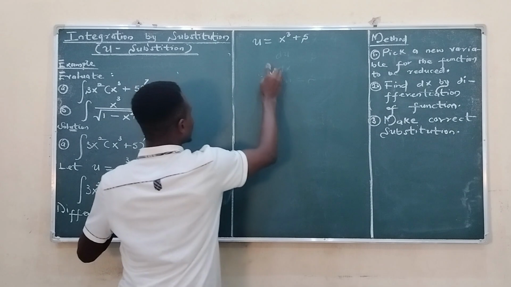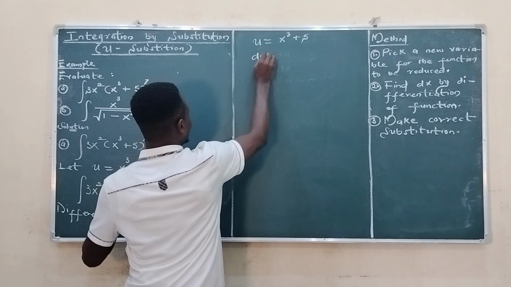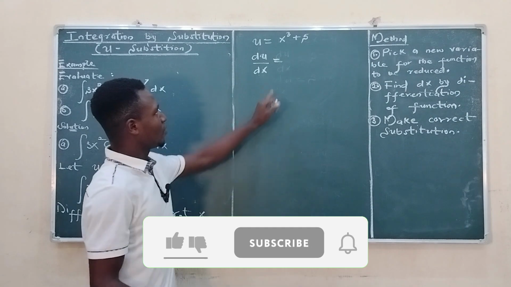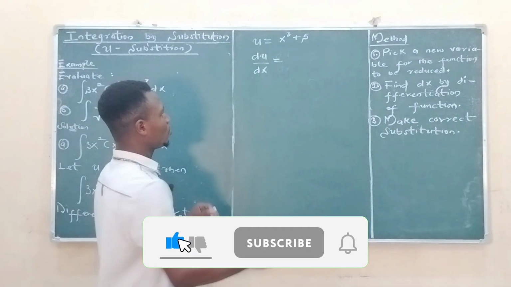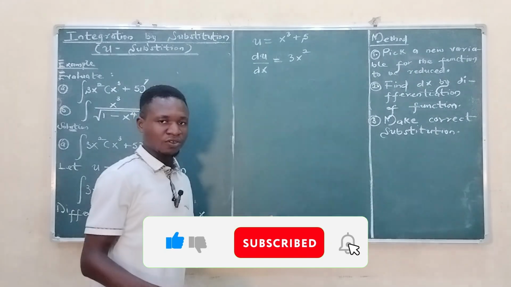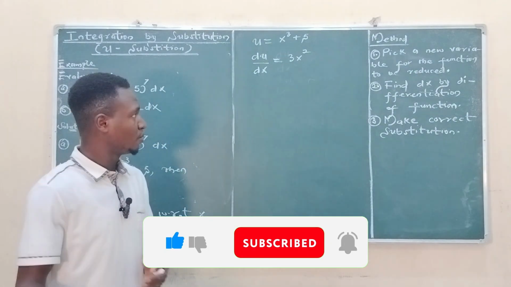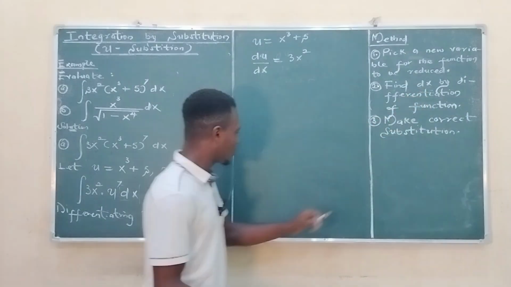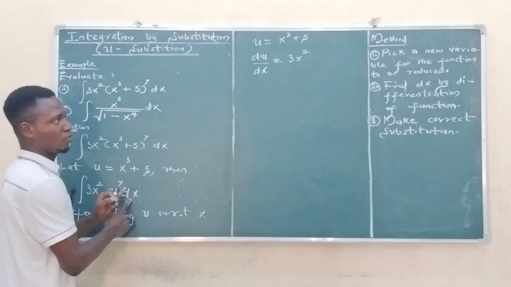When we differentiate with respect to x, we have du over dx equal to the derivative of x cubed, which is 3x raised to the power of 2, plus the derivative of the constant, which is 0. The purpose of this is to find dx so that we can carry out appropriate substitution.